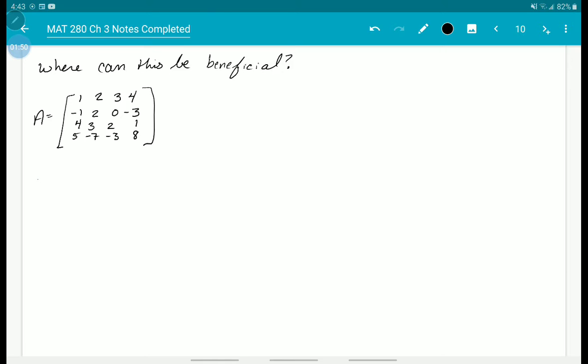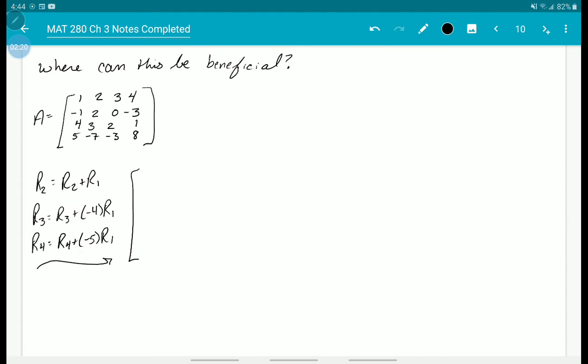So we can start by taking row 2 and replacing it with row 2 plus row 1. That's going to get rid of this negative 1. And then we can take row 3 and replace it with row 3 plus negative 4 times row 1. Now we'll get rid of this. And then we can take row 4 and replace it with row 4 plus negative 5 times row 1, which will get rid of that 5.